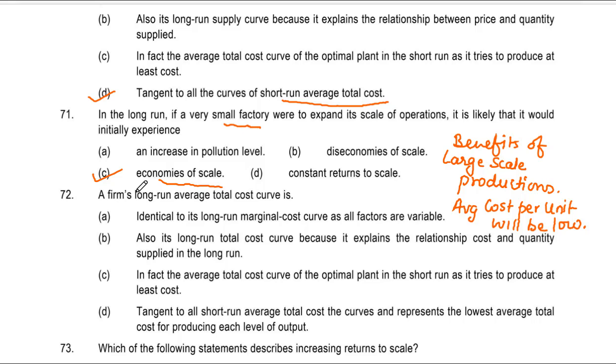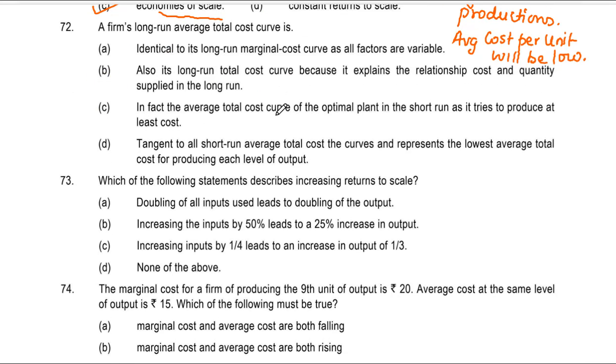In the long run, if a very small factory were to expand its scale of operation, it is likely that it would initially experience economies of scale first. So first, it would be increasing economies of scale, then some constant economies of scale. So let's go to question number 72 now.